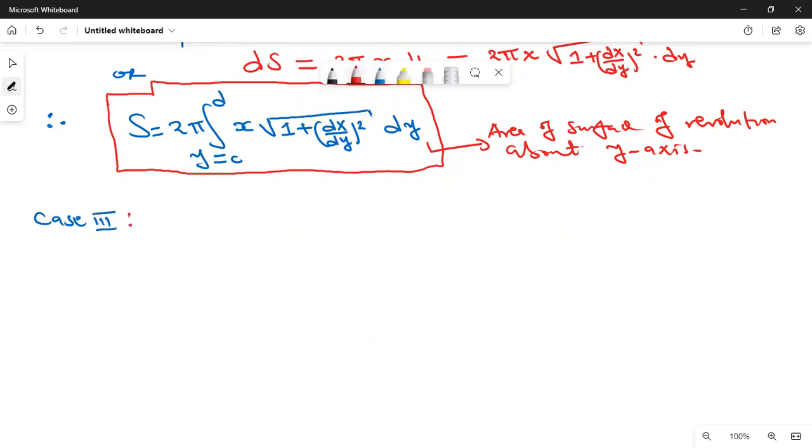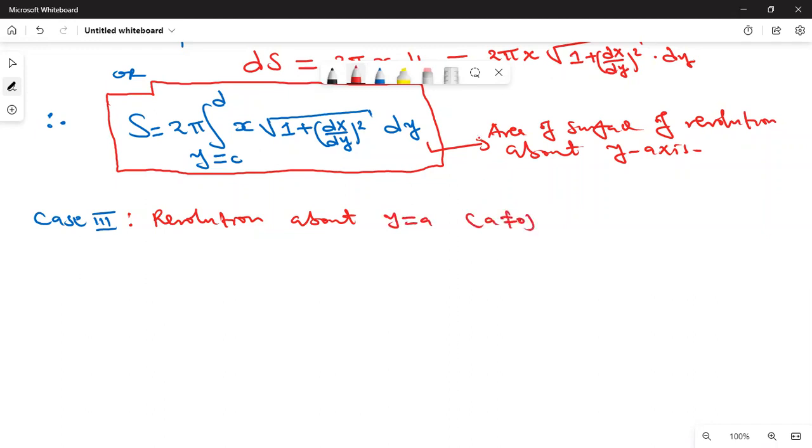A revolution about y is equals to a, the line y is equals to a, and in this case, a is not equal to 0.